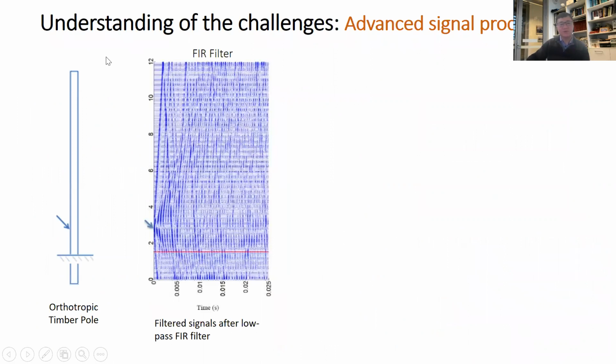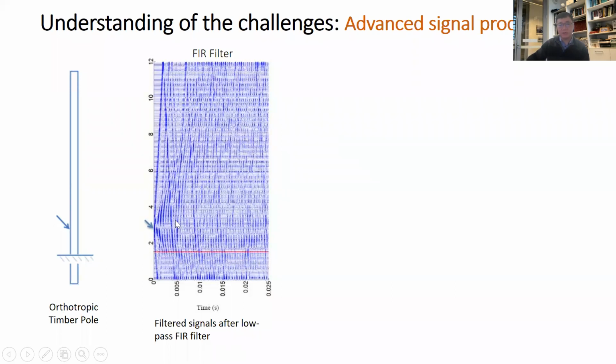Let's look at a simple example, and simple means it is orthotropic. We model this timber pole numerically, and it's a healthy pole, no damage. We model it as orthotropic material. When we output all the results numerically, we have infinite sensors sensing all different parts of the pole, and you can plot out the wave propagation pattern. It's complicated.